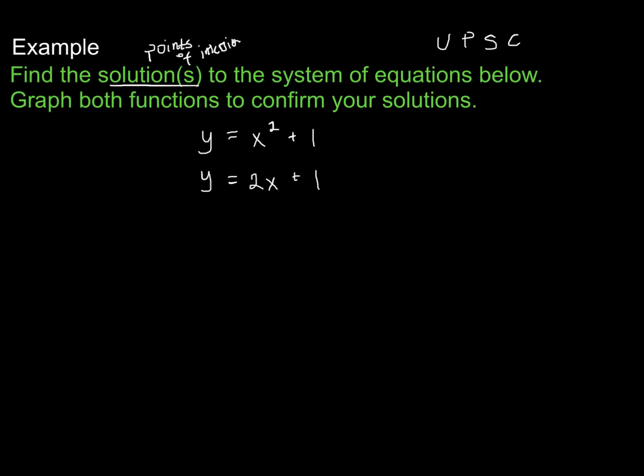Well, just like when I wanted to find where a particular function was equal to 0, like when I was finding the roots of a quadratic, I can do the same thing here. I have this quadratic function, and I can set it equal to this linear function. And when I solve, it's going to tell me where the quadratic function and the linear function have the same value, where they intersect. So that's the first thing that I want to do.